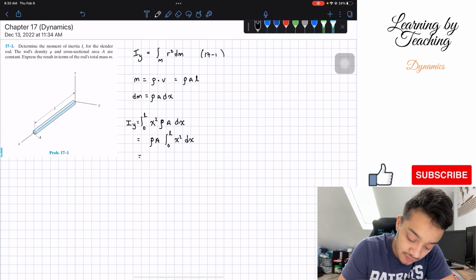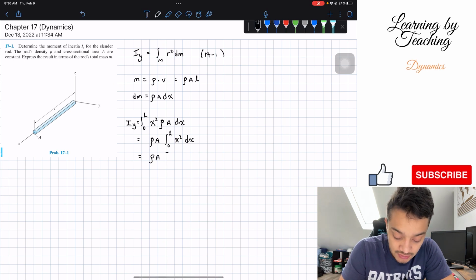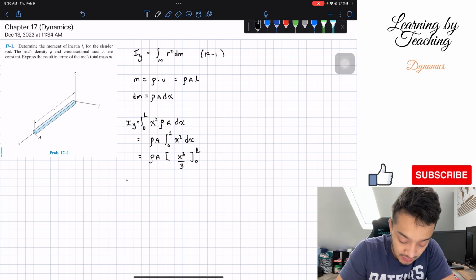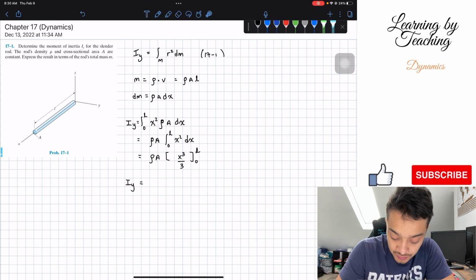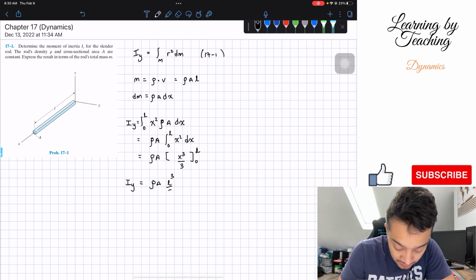If I solve this integral, first of all, we have our rho and our area outside. When we solve this integral of x squared, it's going to be x cubed divided by 3 with boundaries from 0 to L. If we compute these boundaries, we're going to have rho times my area multiplied by L cubed divided by 3.